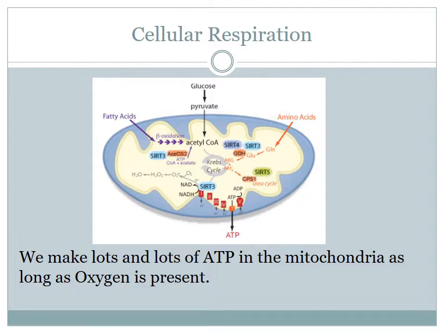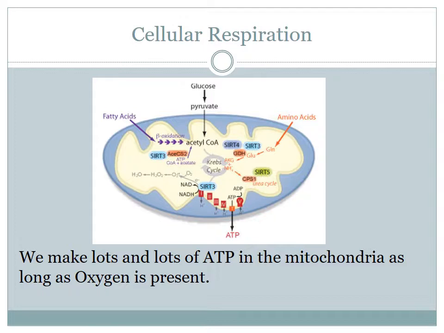Glycolysis. So with glycolysis, what molecule are we breaking down? That's right, we are breaking down glucose. We are breaking the bonds of glucose. If you take this 6-carbon glucose and you cut it in half, you have a 3-carbon molecule produced. What's that 3-carbon molecule called? Pyruvate.